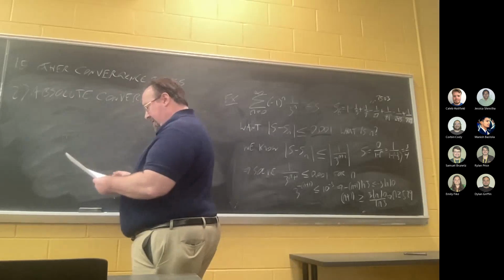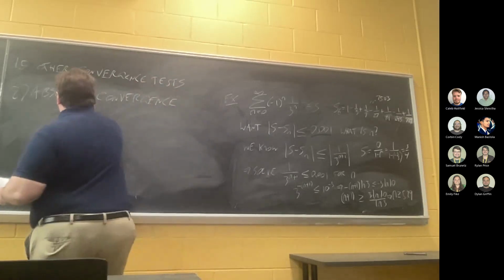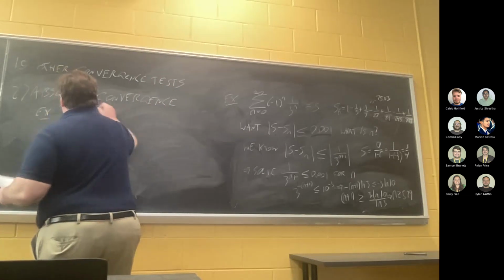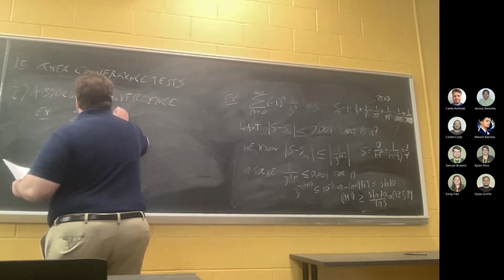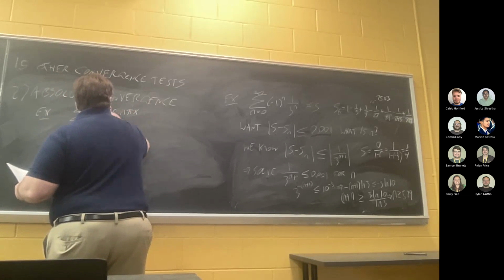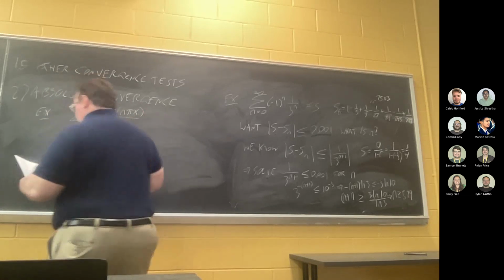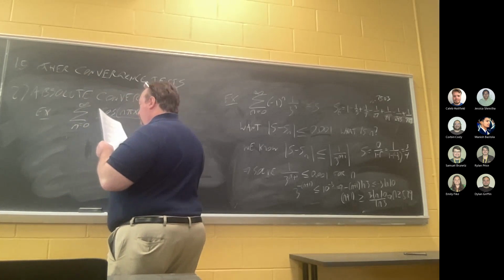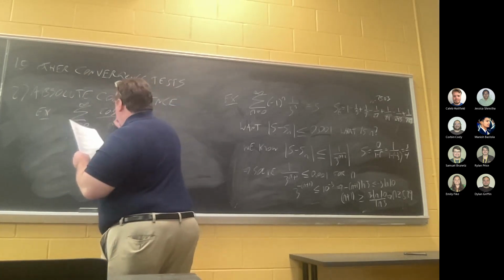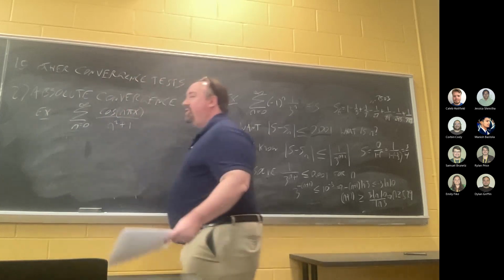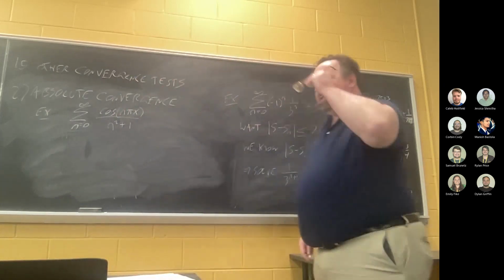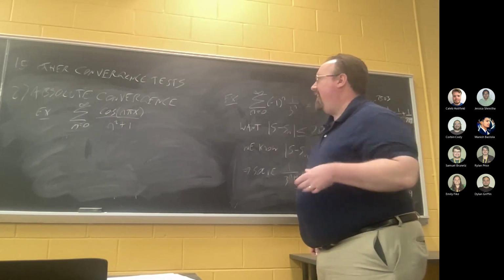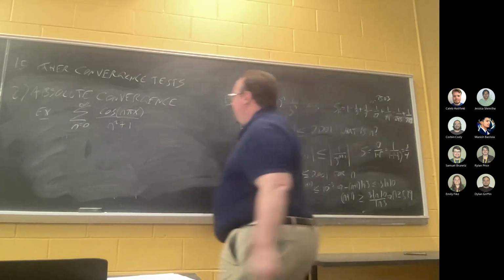Just as an example, if I have this series, cosine n pi x over n squared plus 1. Now, this is a series that actually depends on a parameter. So in terms of series, your an depend on x.